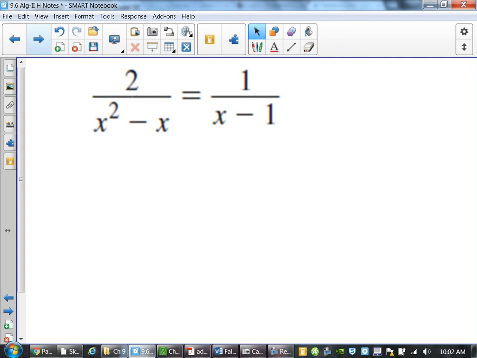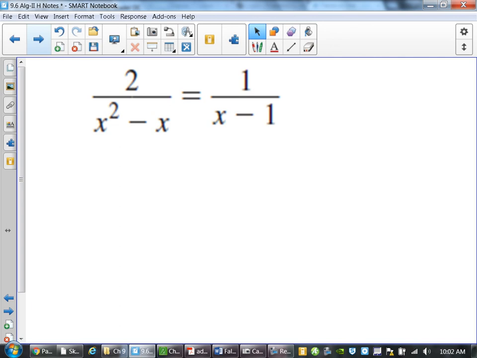Because isn't that a fraction equal to a fraction? There's nothing else tacked on there, right? So whenever you have a fraction equal to a fraction, you just cross multiply. Okay. This case here, it's the same idea.